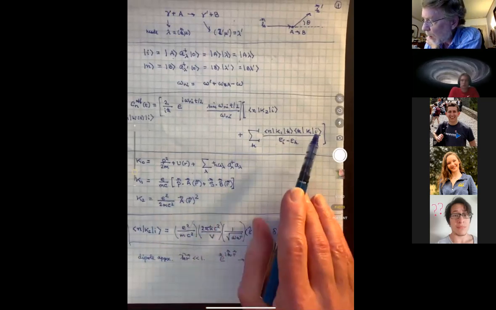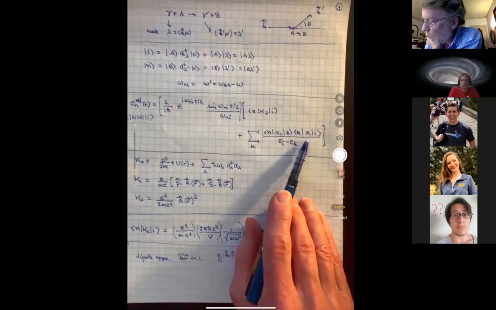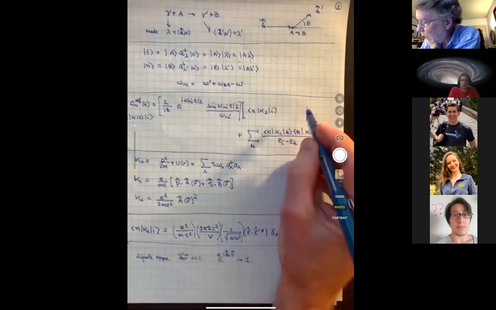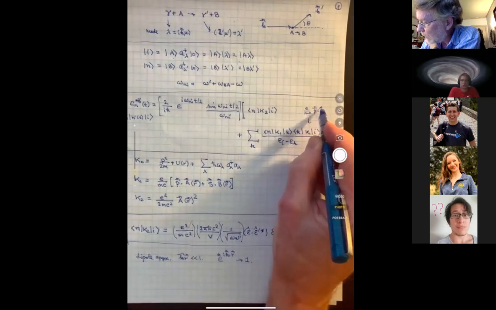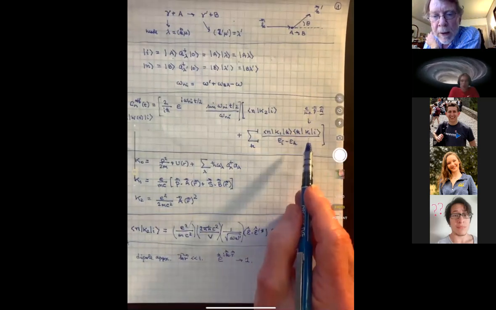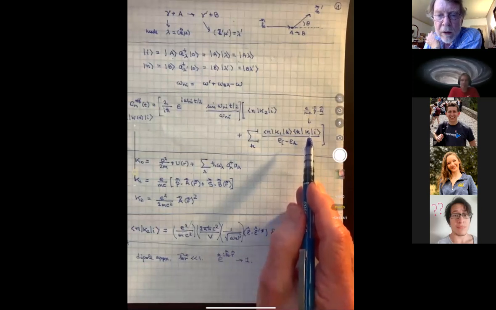And the reason is that our particular initial state only has one photon in it. And the operator K1 is a linear combination of an A and an A dagger, because K1 here is equal to e over mc times p dot A. And the vector potential has the linear combination of a creation and annihilation operator. So K1 can only create one photon or destroy one photon.